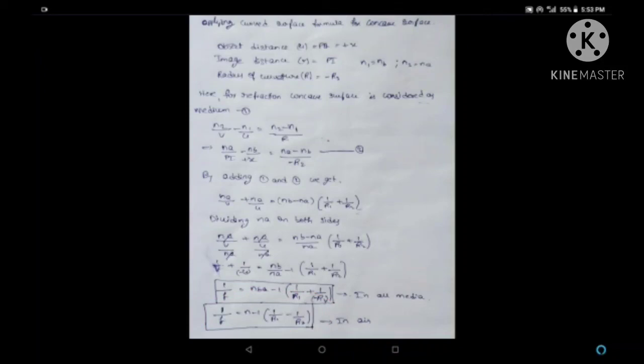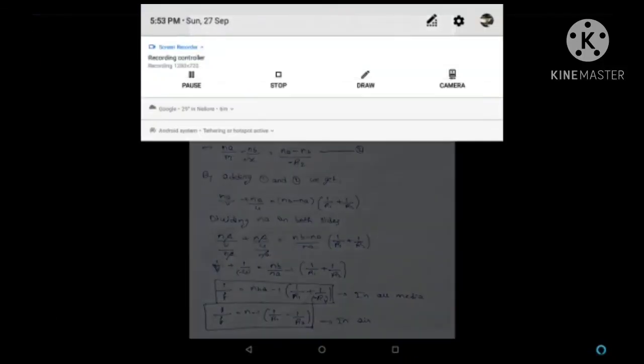Guys, if the lens is placed in air, then we get the lens maker's formula like this: 1 by f is equal to n minus 1 into 1 by R1 minus 1 by R2. If it is placed in a medium other than air, then we get 1 by f is equal to Nb by Na minus 1 into 1 by R1 minus 1 by R2.